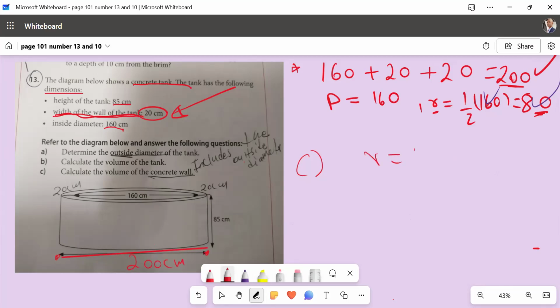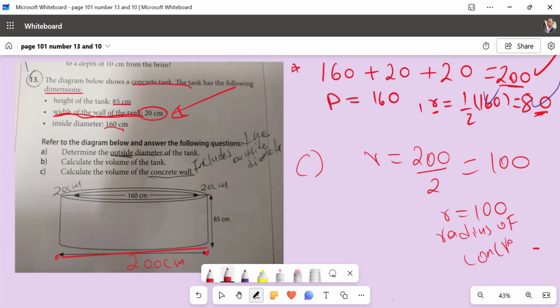Now the R will be the 200 divided by 2, we get 100. This 100 here is nothing else but the radius of the concrete wall.